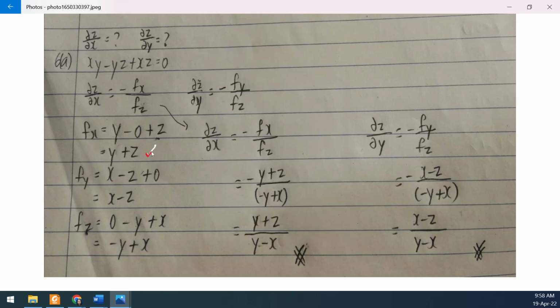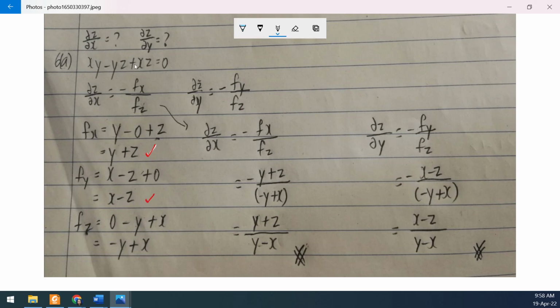Okay, fx is correct. Fy, when you differentiate with respect to y, x and z are constant. So differentiate del del y of xy, you have x. Second term, del del y of yz, you get z. Third term, x and z are constant, so you get 0. So x minus z, correct.